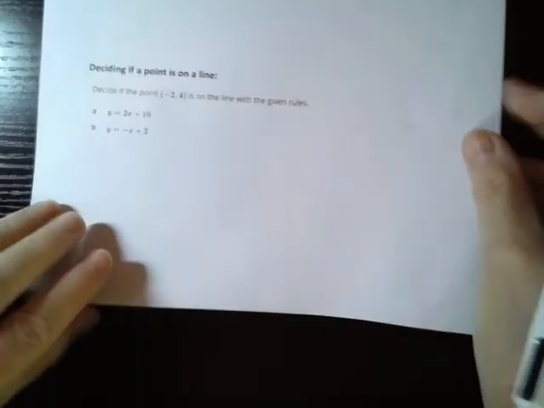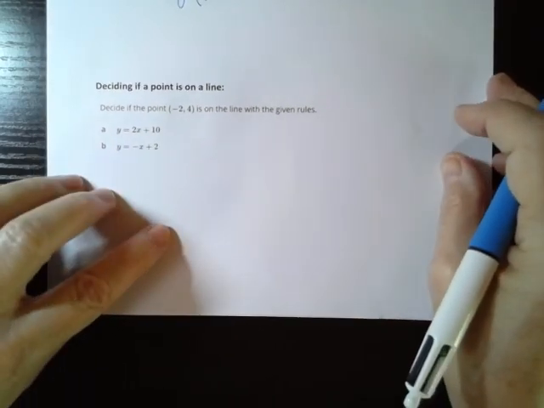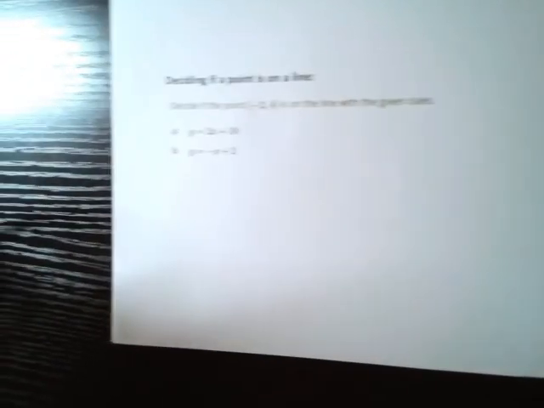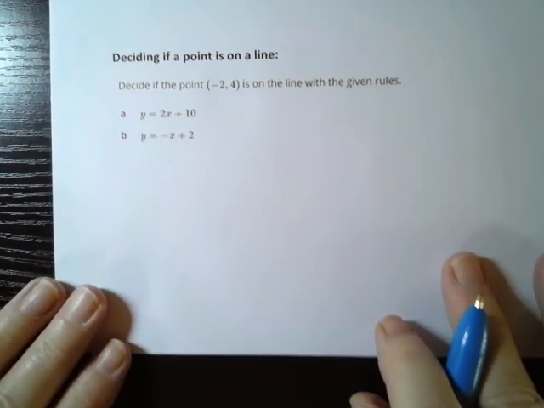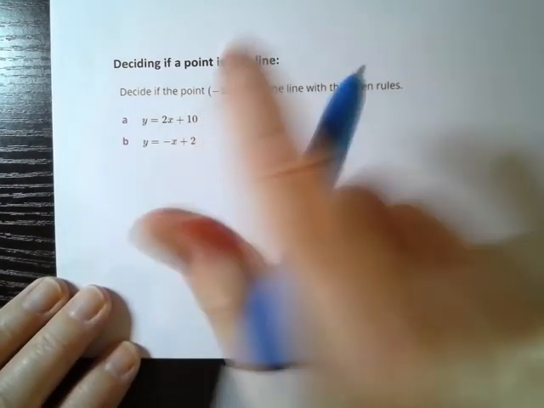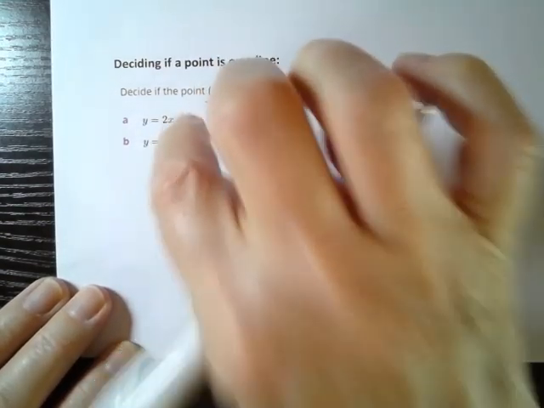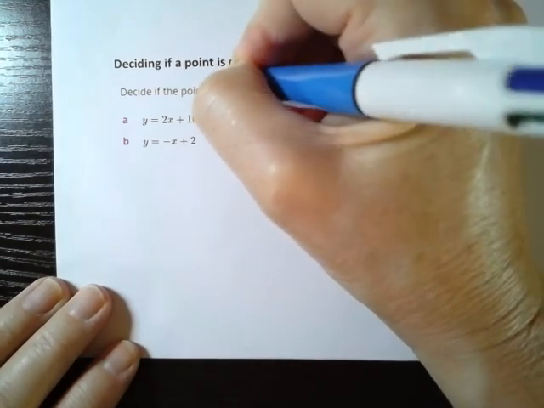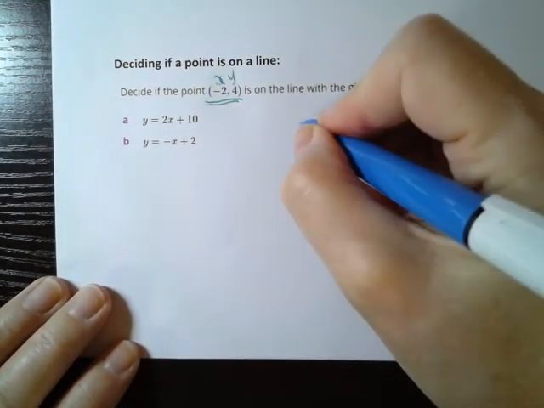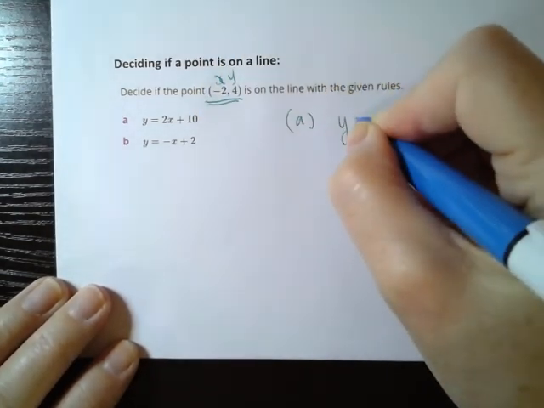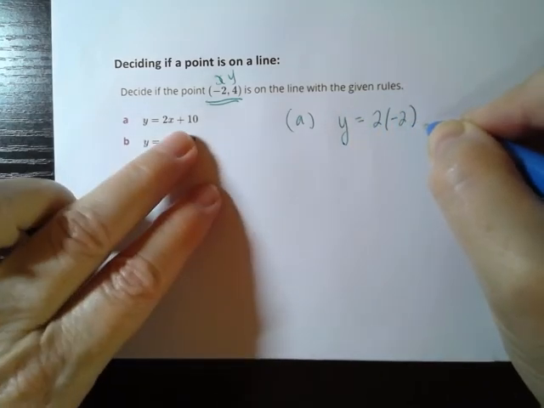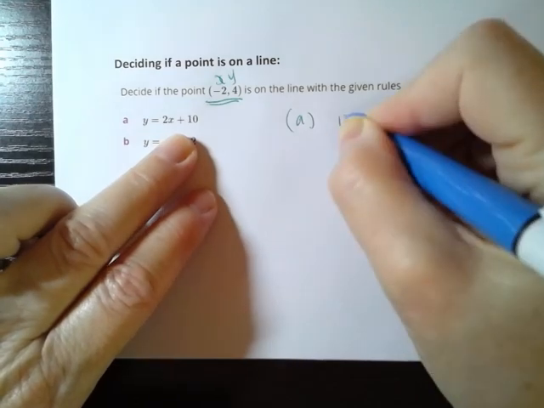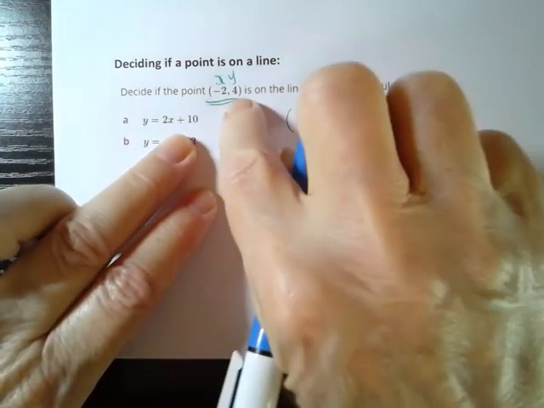All right, let's look at another quick thing. I might move this down because it's really small. Deciding if a point is on a line. I've been given a rule, and I want to know, is this point on that line? So I use substitution, knowing that that's the x and that's the y. I say, okay, for A, I go y equals 2 times negative 2 plus 10. Oops, not y, 4, because there's a 4 there.